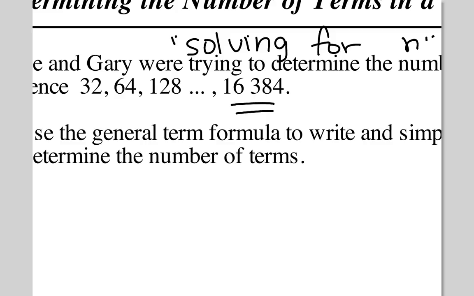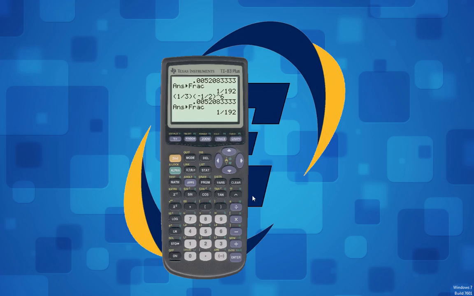We're doubling, right? You guys can see that we're clearly doubling. And we want to get to 16,384. So are we starting at 16? Hit enter. Times 2. Once, twice, 3 times, 4 times.